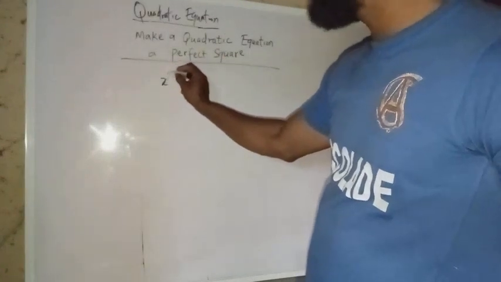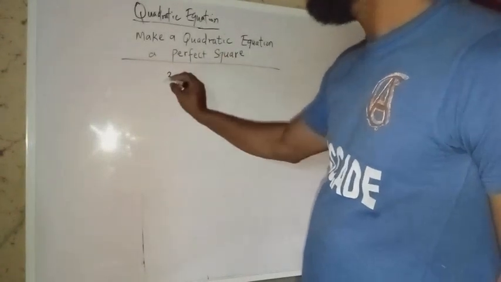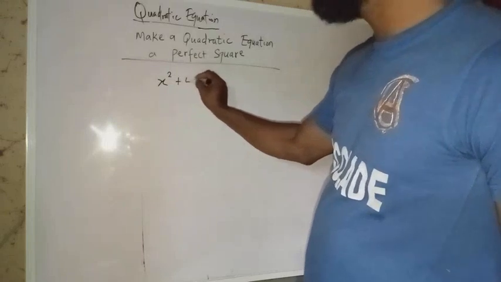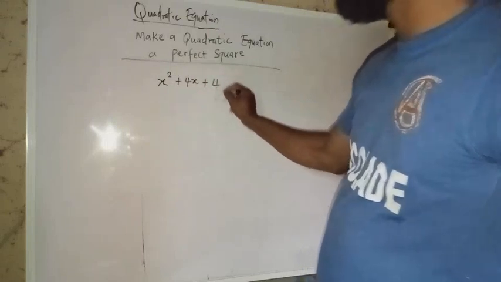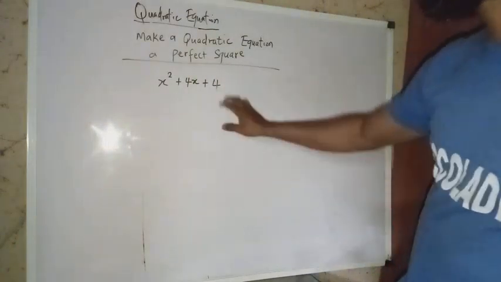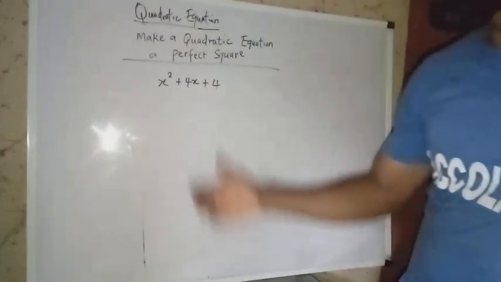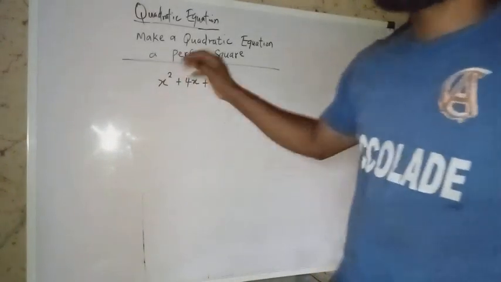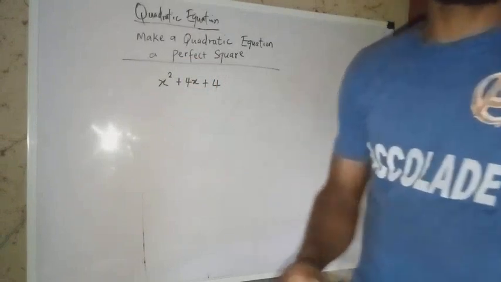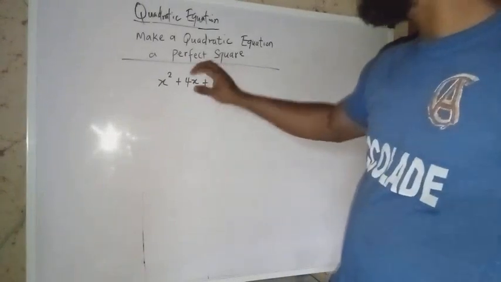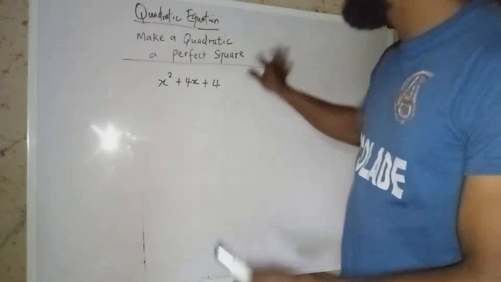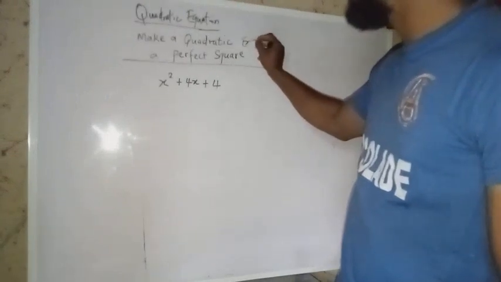So let's say you have x squared plus 4x plus 4. Now, if you factorize this quadratic, let me call it an expression now, because we are not equating it to 0.